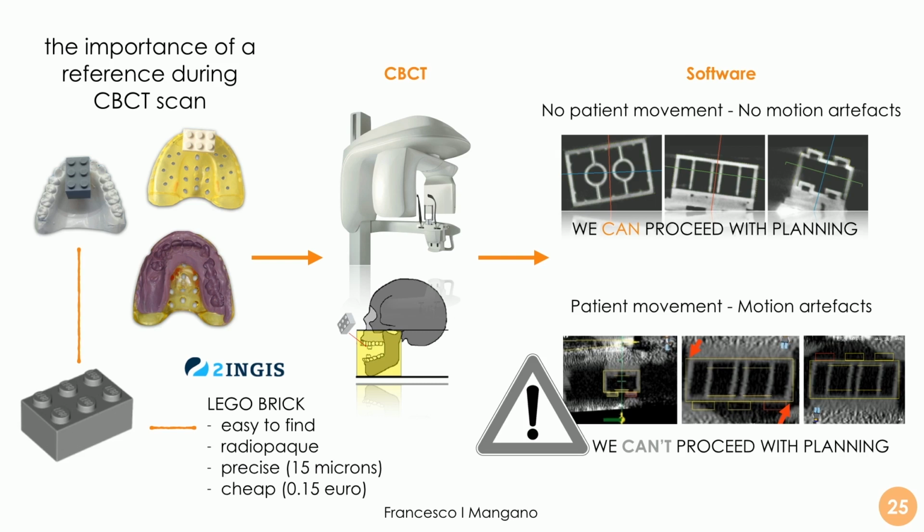If the Lego brick is perfectly represented during the CBCT, because it's also radiopaque, it's very precise, and we can superimpose to this Lego brick the original file, the computer-assisted design of that Lego brick, then we can proceed with our surgery because we know that we didn't have any motion artifact and any distortion. But if the patient moved, we have motion artifacts, then we can control it.